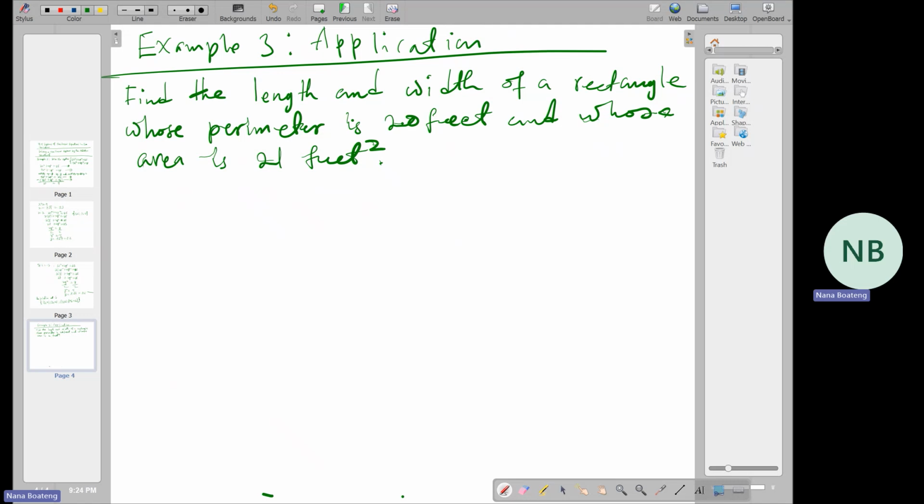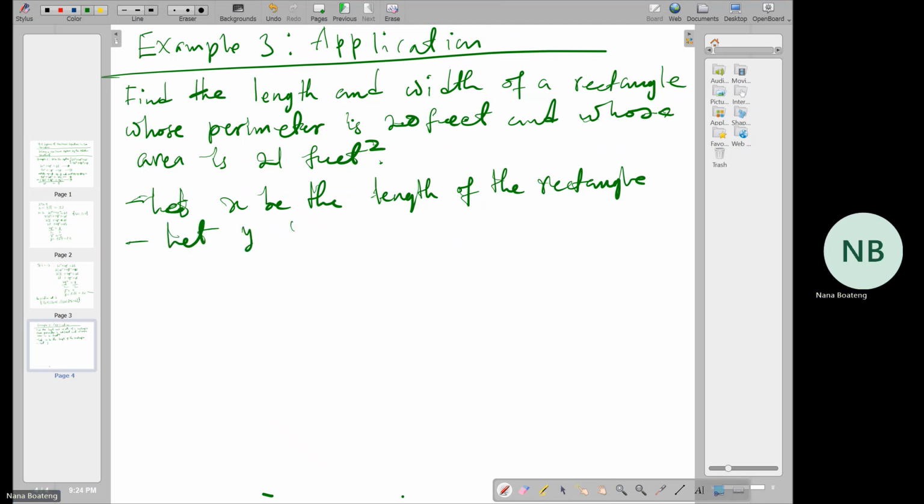So let's say we let x be the length of the rectangle, and we let y be the width of the rectangle.